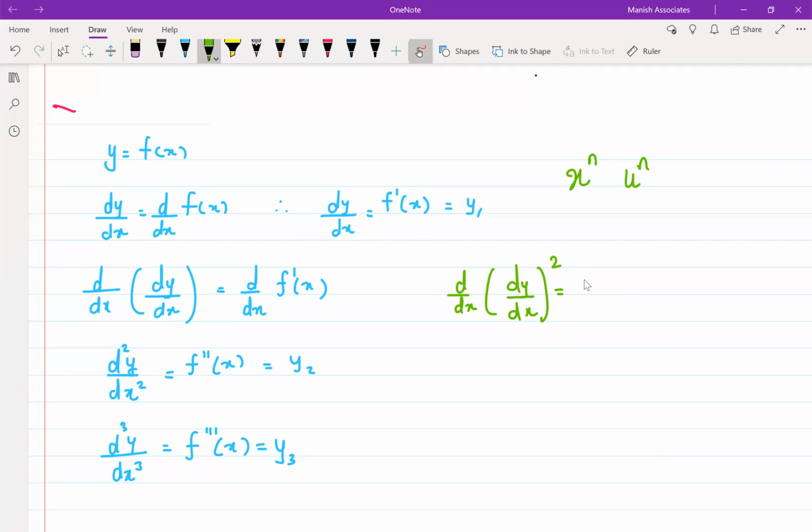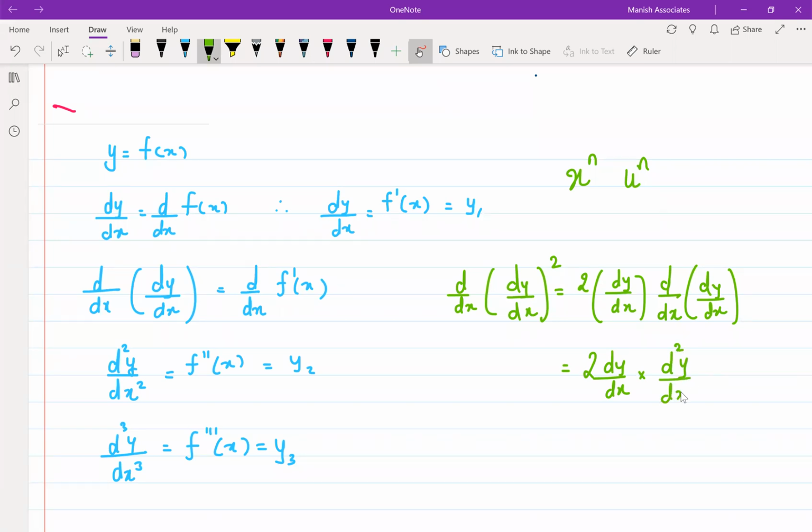So what will u raised to n give? N u raised to n minus 1, which will be 2 minus 1, which is 1, into d by dx of u, which is dy by dx, which in the next step is written as 2 dy by dx into the derivative of first order, which is second order, which we write as d2y by dx2.